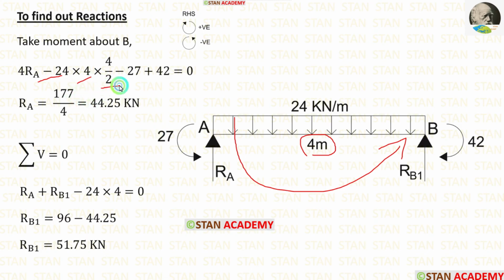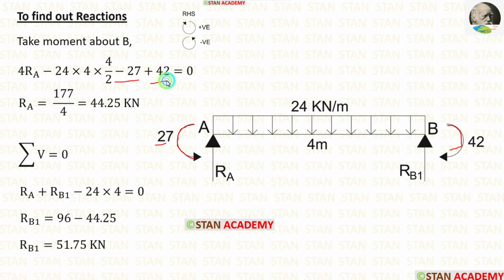So 4 into 4 upon 2. Then there are two moments. The moment 27 is acting in the anti-clockwise direction, so it will be negative. The moment 42 is acting in the clockwise direction, so it will be positive. After the calculations, we are getting RA, which is equal to 44.25 kN.